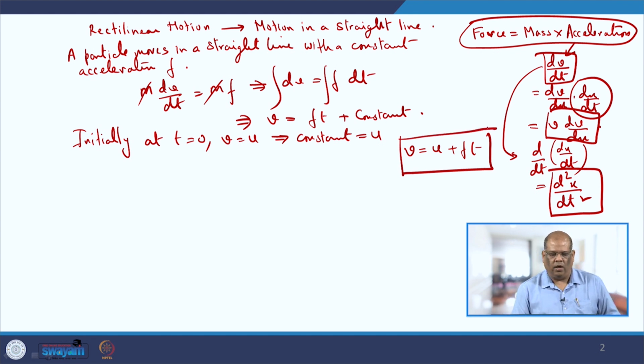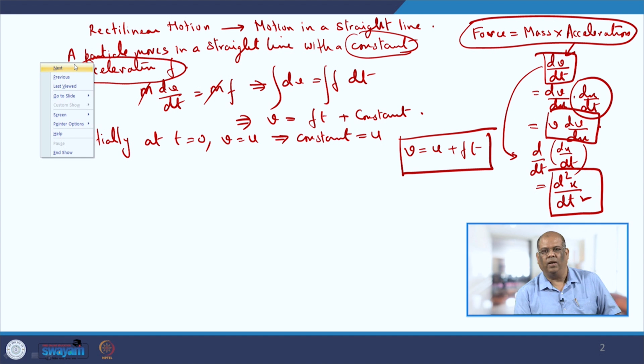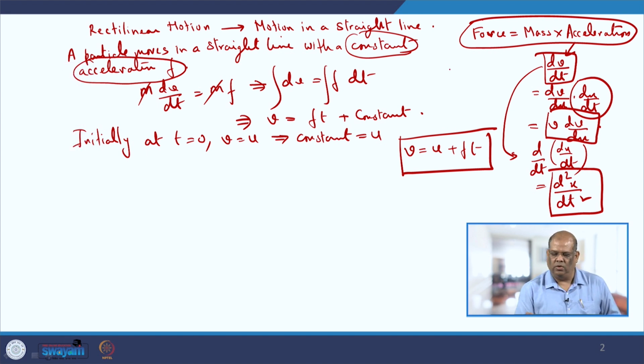Now, the question is, here it is a constant acceleration f. What will happen if your acceleration now varies? It can be a function of x, it can be a function of v, and then how will you solve that kind of problem with the help of mathematical modeling? Well, in physical problems, we have some sort of laws which we have to follow. In this case, Newton's law, which says force equal to mass into acceleration.